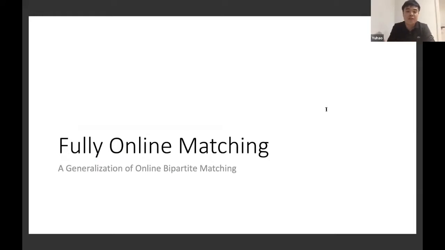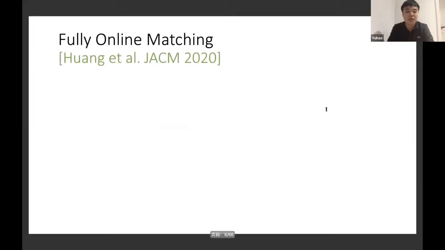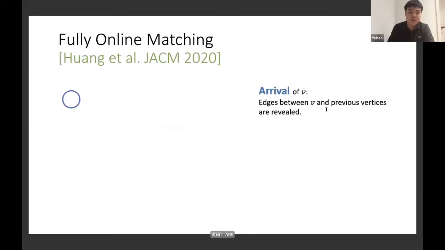First, let us go into the model, fully online matching. It is a generalization of online bipartite matching. Fully online means that in this model, every vertex arrives online, different from the classical one. In the classical online bipartite matching problem, we still have one side of offline vertices, but this time we don't.